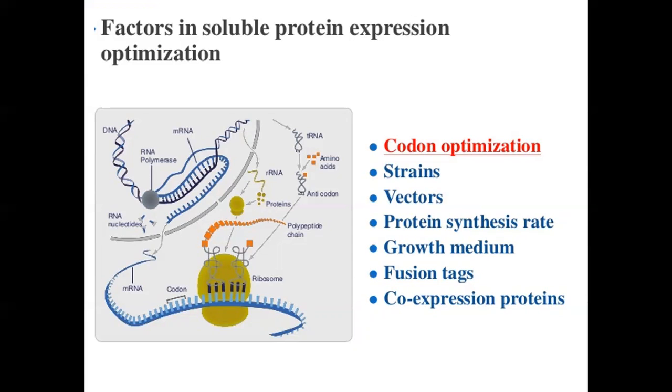And soluble protein expression also depends upon the different vectors, and the choice of vectors depends upon the desired protein. For example, if you want higher protein expression, pET vectors are mostly used for high protein expression levels.